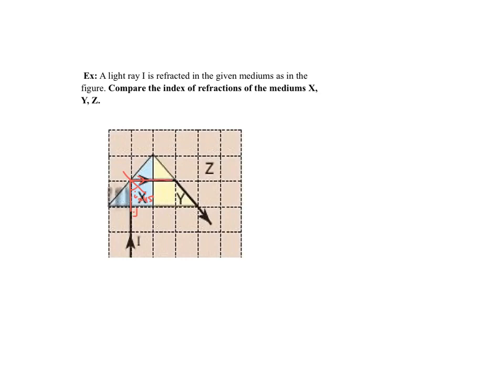Coming here, and again it comes with an angle of the same 45 degrees and is refracted from the boundary of the mediums. Now from X to Z there is total internal reflection, and from Y to Z there is the refraction through the boundary.